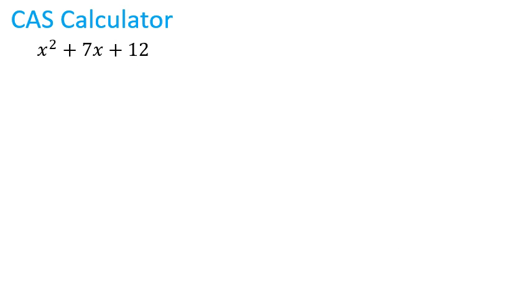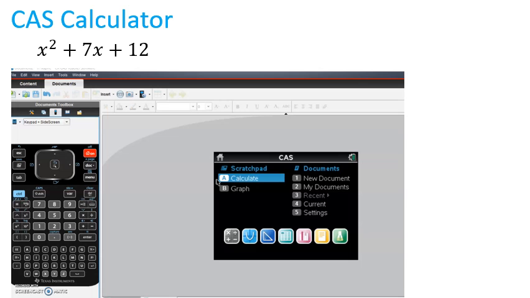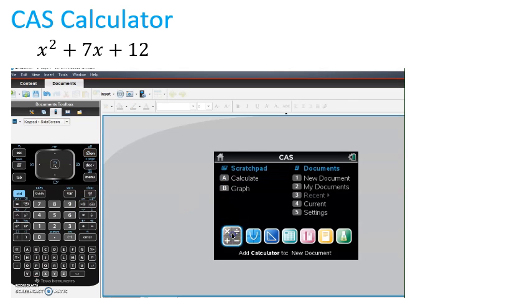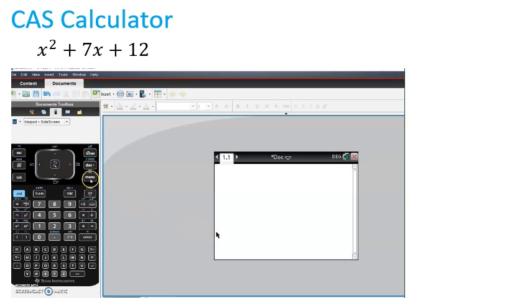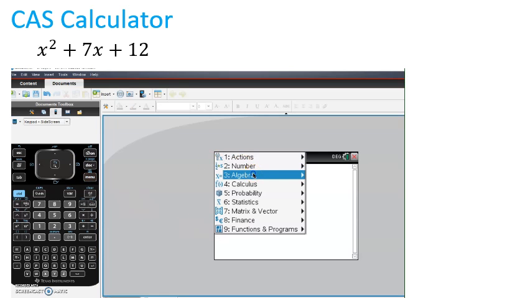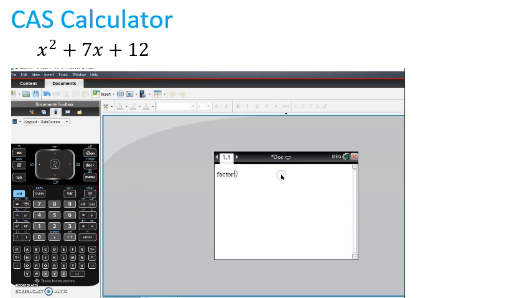If you have something you're not sure how to factorise, use your CAS calculator. It can factorise everything. I'll show you an example. So on your CAS, select the calculate button. Then we go menu, algebra, factor.